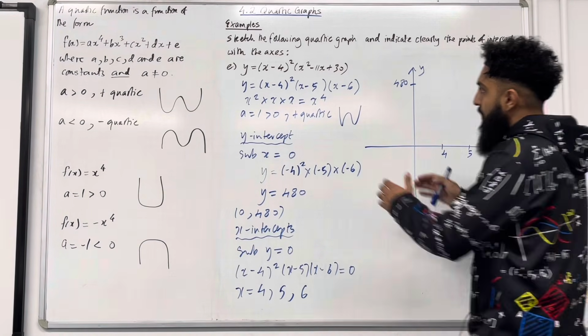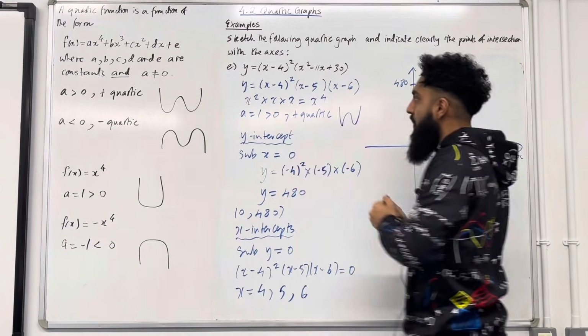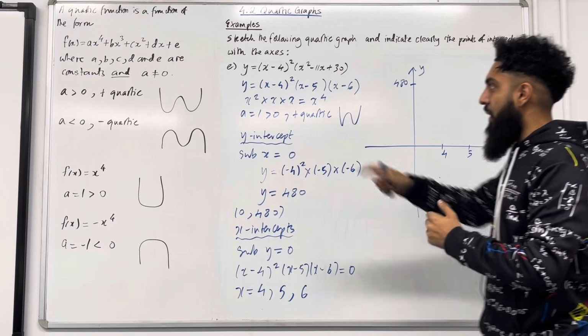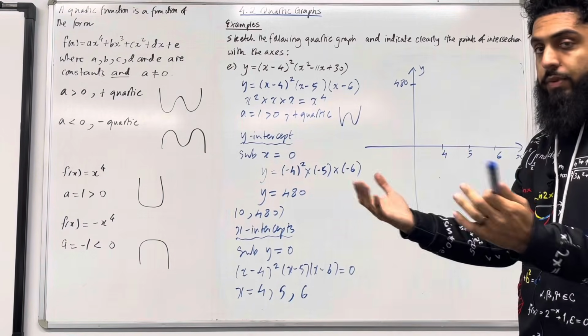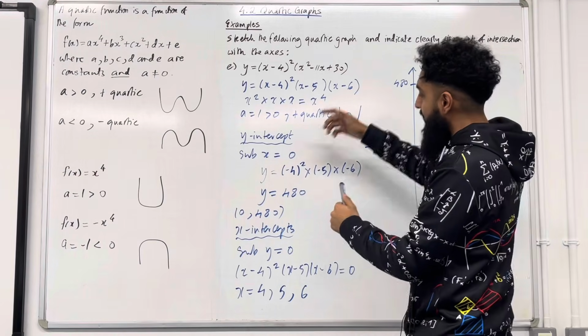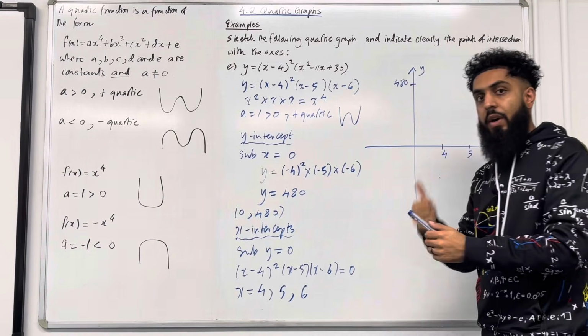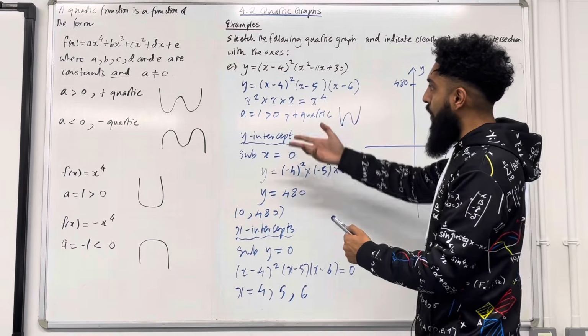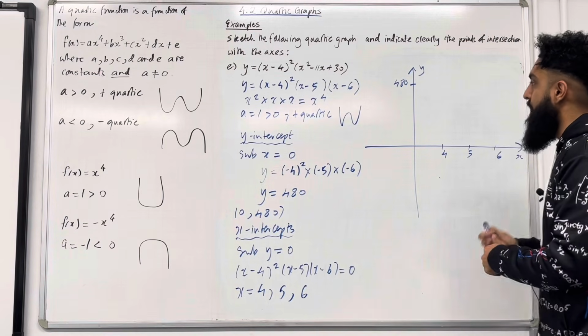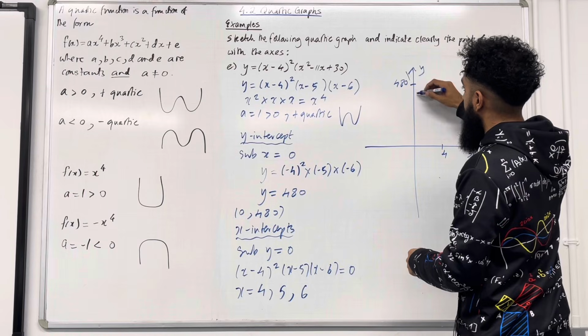Now, if I go back to my equation over here, notice that there is a repeated factor, which is x minus 4. So the curve will bounce at x equal 4. But at x equal 5 and 6, it's going to cut. So I'm going to sketch a W shape so that there's a bounce at 4, but cut at 5 and 6. So my graph will look something like this.